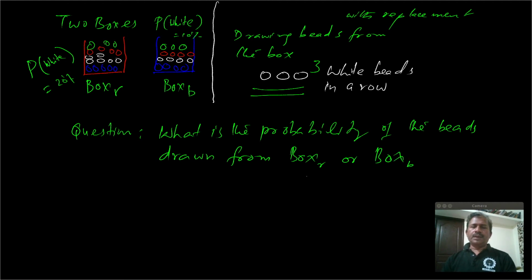So I have to calculate the probabilities associated with each box, which box I'm picking, and I'm getting 3 white beads in a row. I hope the problem is clear to you.